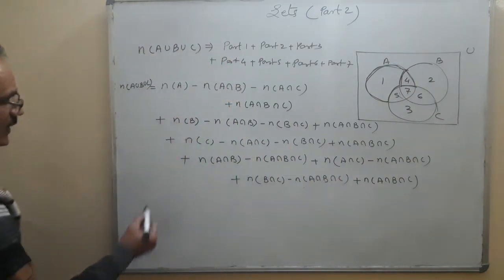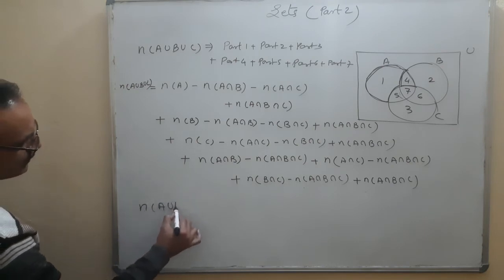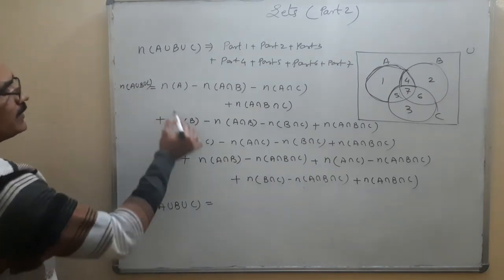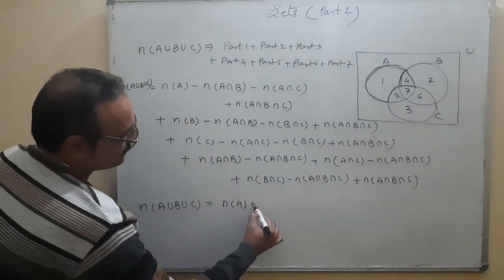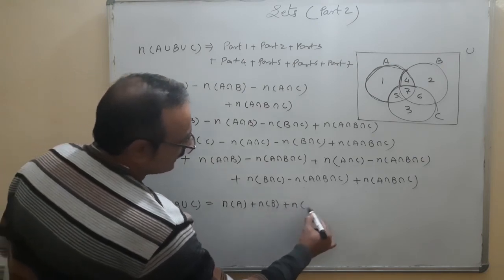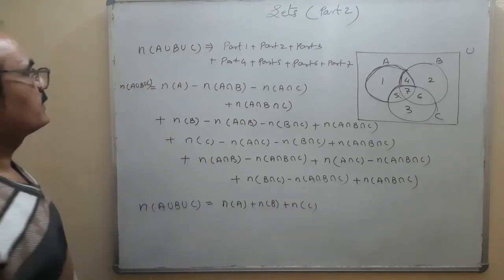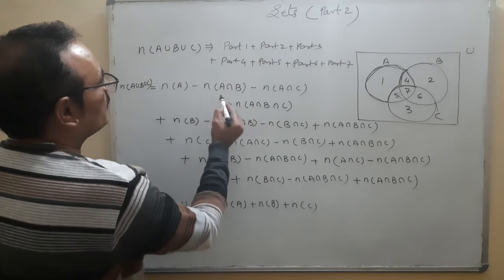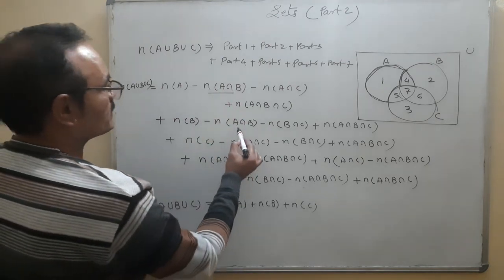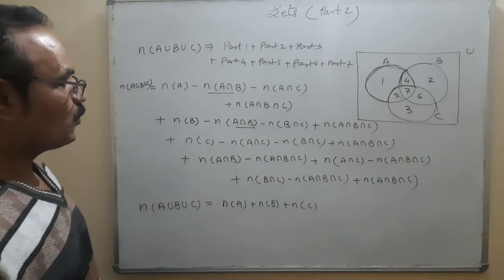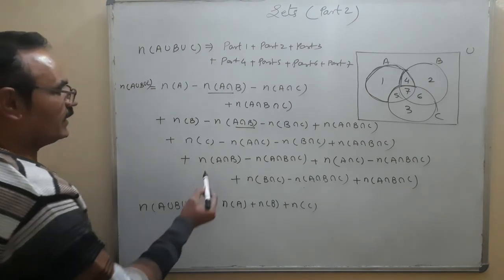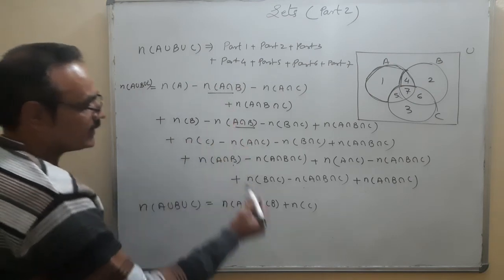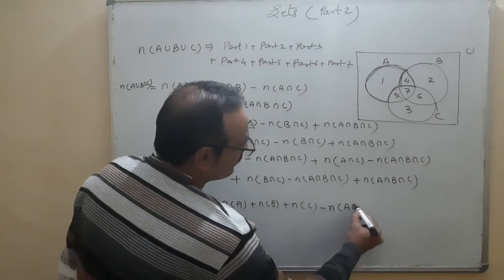Because for n(A ∪ B ∪ C), all these elements are divided into 7 parts and we can arrange like that. So the final result is coming: n(A ∪ B ∪ C) is equal to, I am collecting n(A) plus n(B) plus n(C). After that, we'll find A ∩ B. A ∩ B appears 1, 2 times, and 1 is plus, 2 is minus, so 1 cancels. So I may write here minus n(A ∩ B).